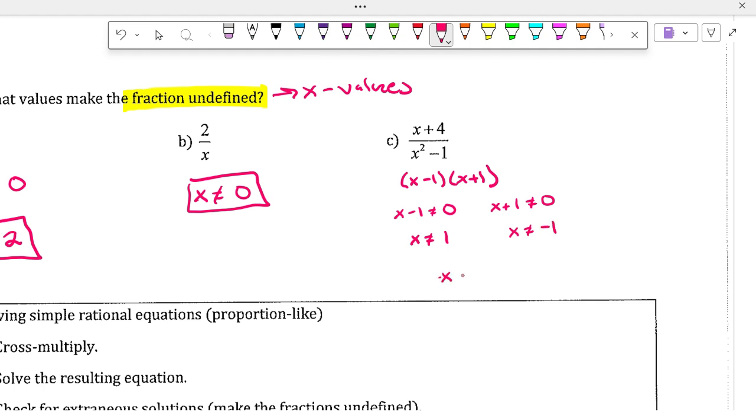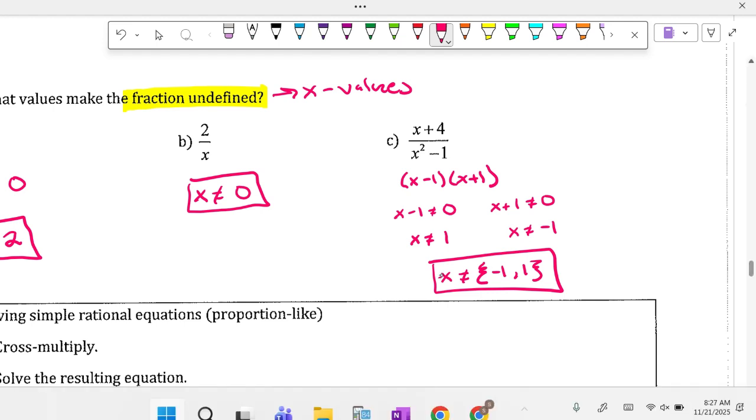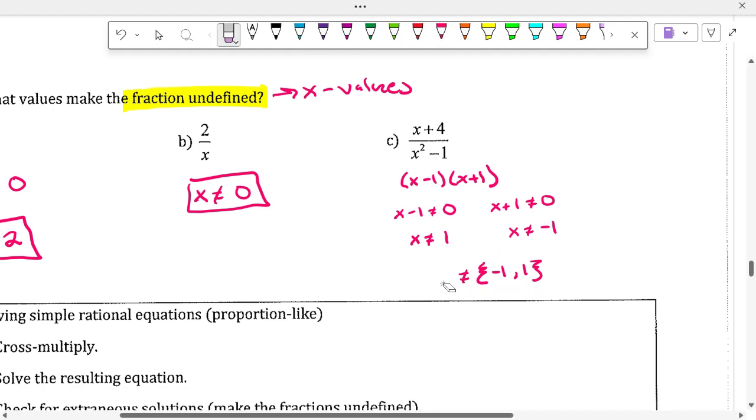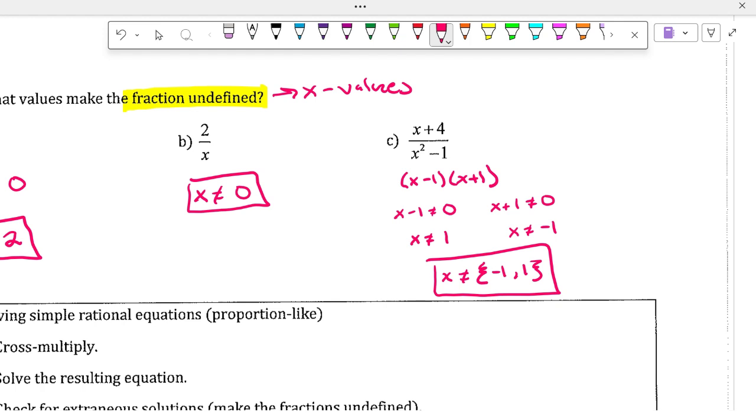So we can rewrite this as x cannot equal the set of negative 1 or 1. All right. Now, why is that important?